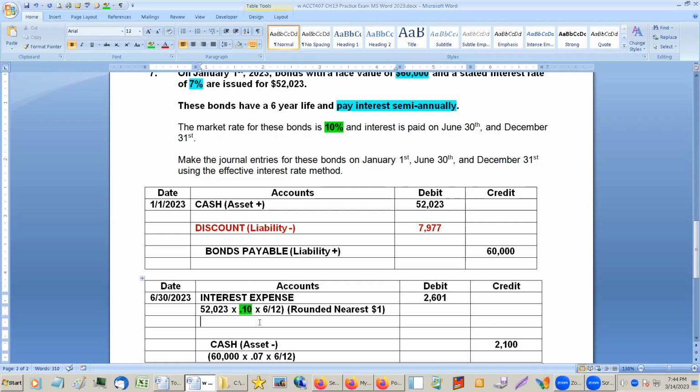So the difference between these two is, I believe going up is what, 501?